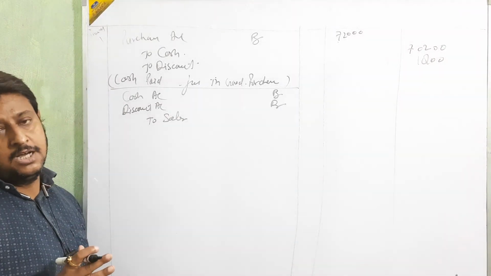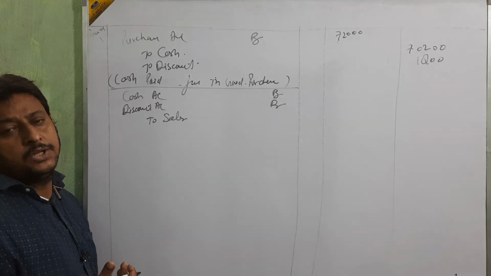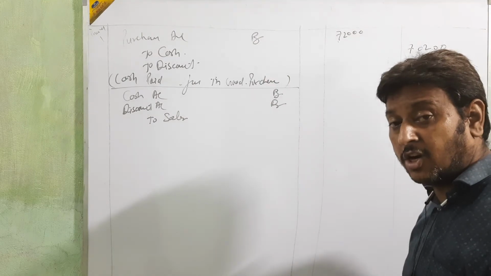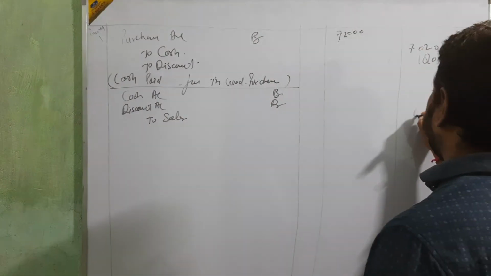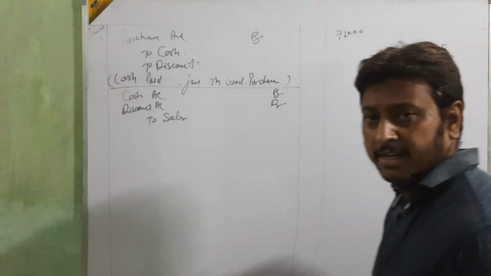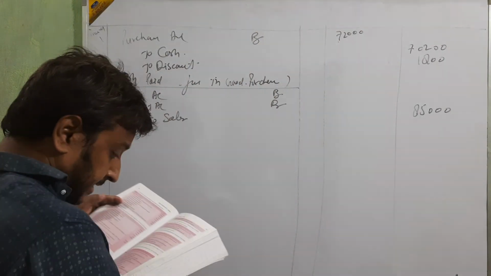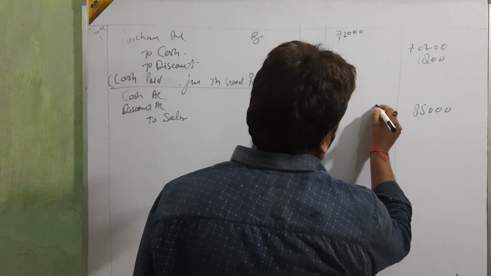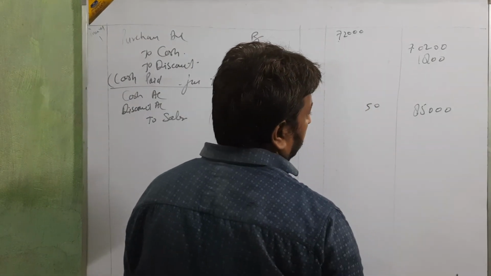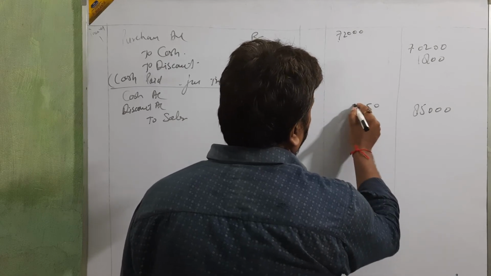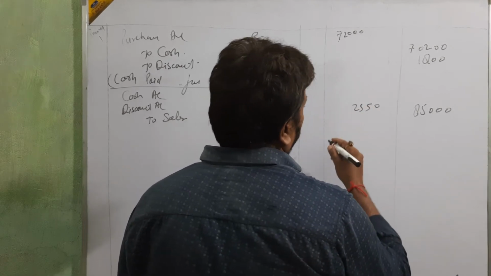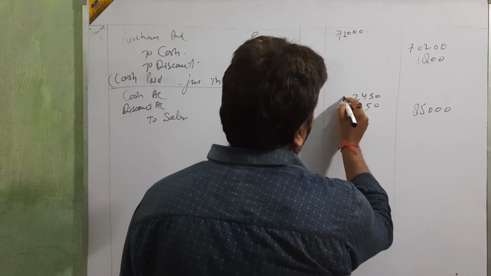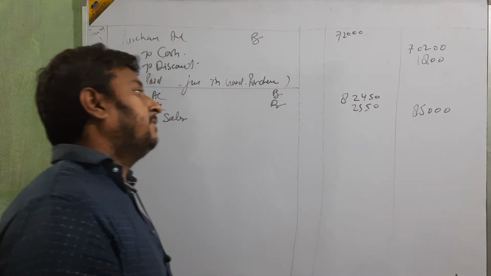Sales always credit, we are receiving cash so debit, we are giving the discount so debit. 1 lakh 10,000 less 15% trade discount, then 93,500, and 3% discount, which gives 82,450 in cash.